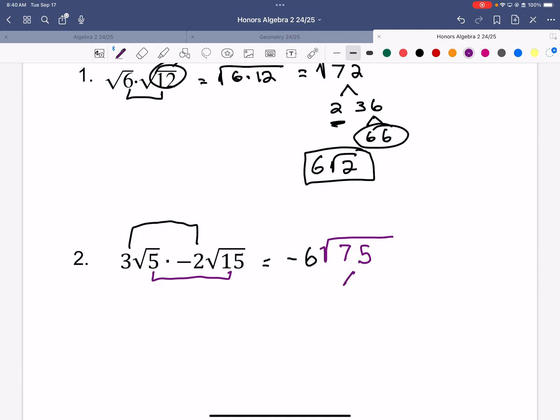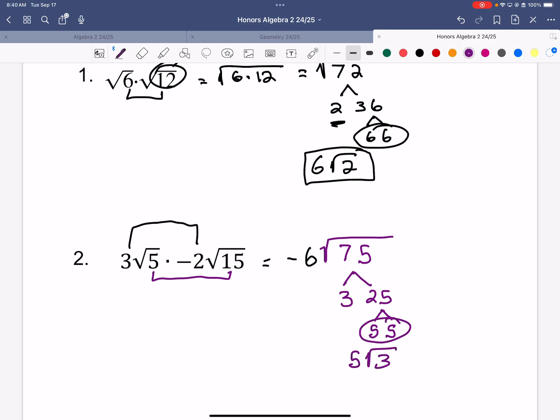Now we need to try to break the 75 down. Again, just looking for a perfect square. 3/4 is 75 cents. So 3 times 25. 25 is 5 times 5. So radical 75 becomes not 3 radical 5, becomes 5 radical 3.